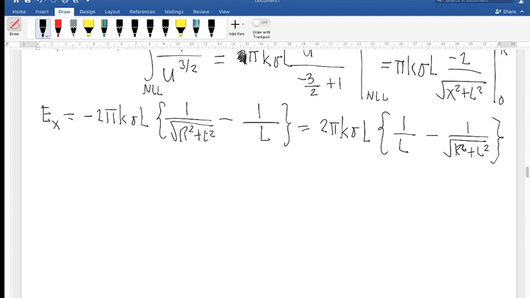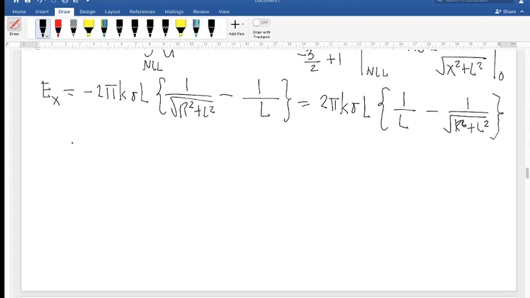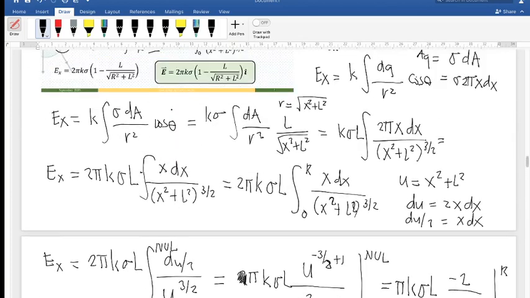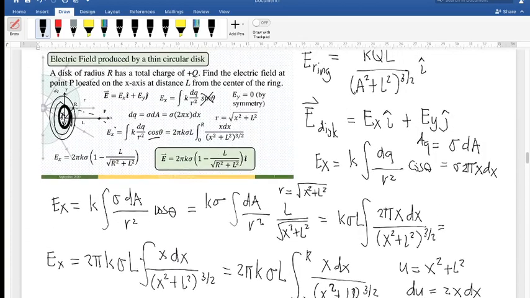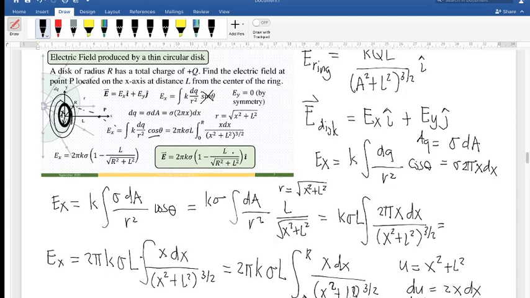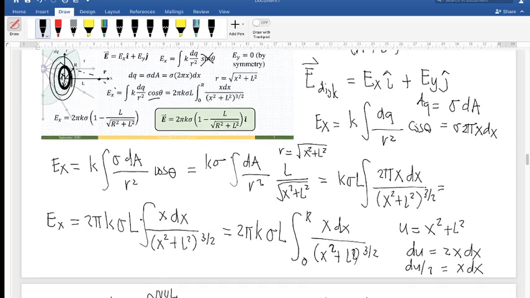Okay, so next. So again, since given naman natin na ang total charge ng ating ring ay disk nga positive Q, so we can actually get the sigma. Okay, so we can get the surface charge density of this one.